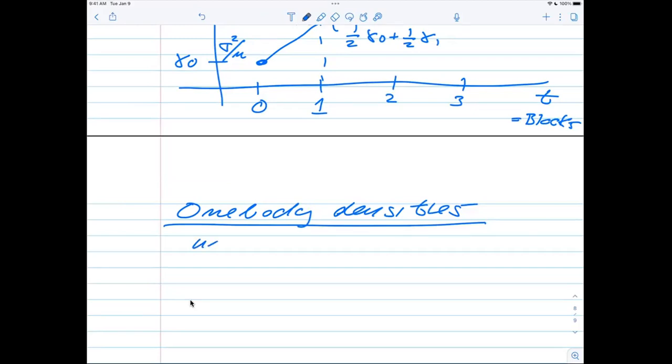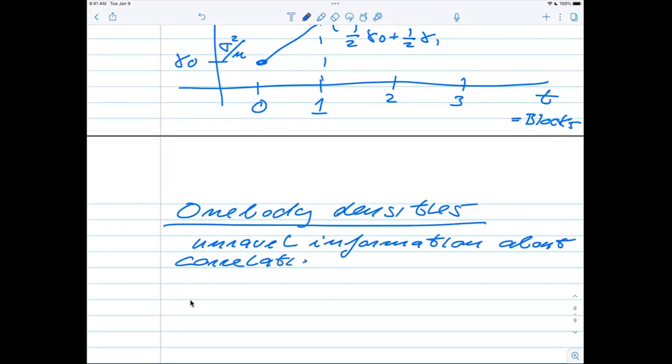So the idea here is to unravel information about correlations. With that, what we mean is actually to be able to calculate quantities, in this case expectation values, which can be used to extract information about the role of the interaction.